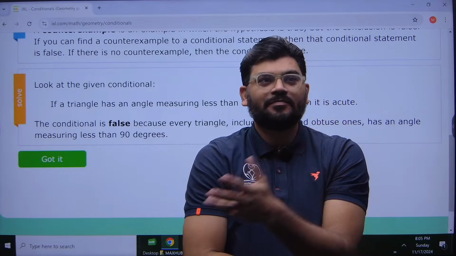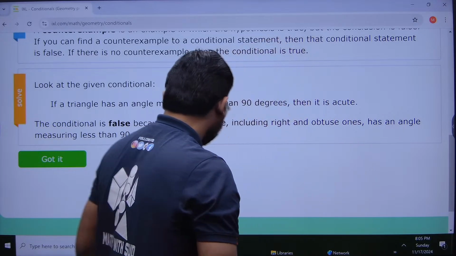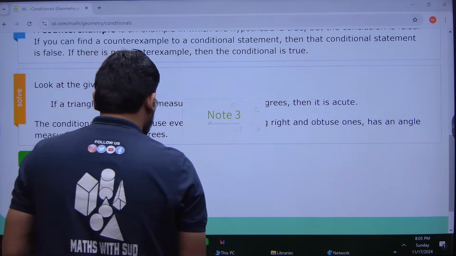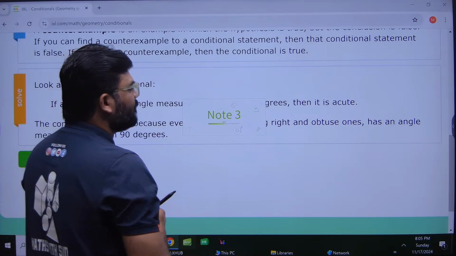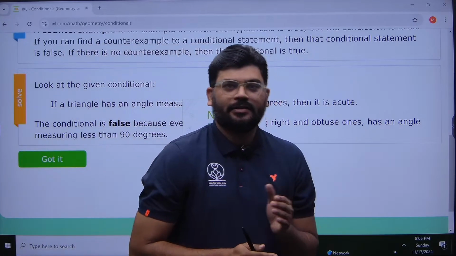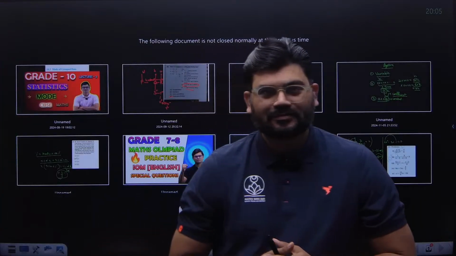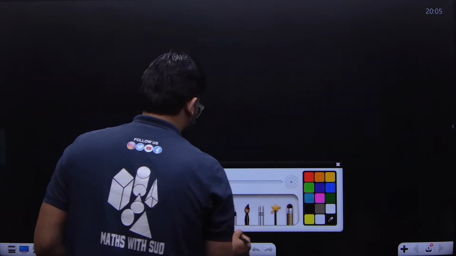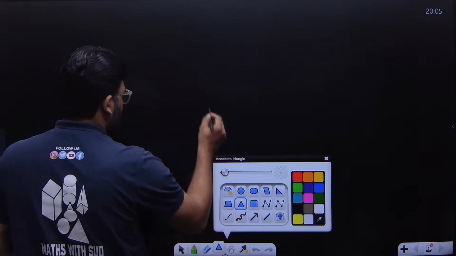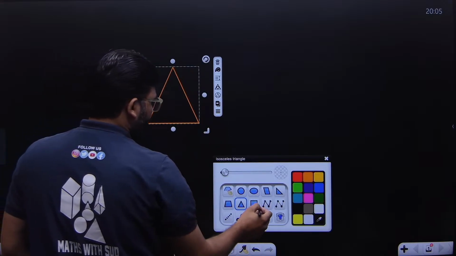So I didn't understand. Let me make you understand. How many kinds of triangles do you know on the basis of angle? Three. What are the three types of triangle? Right angle, obtuse angle, and acute angle. Wonderful. So this is the acute triangle I am drawing.